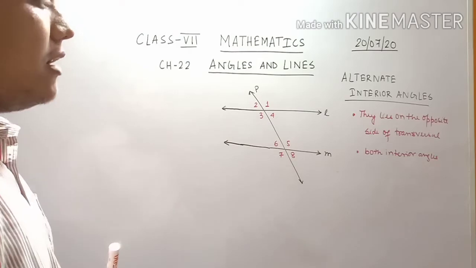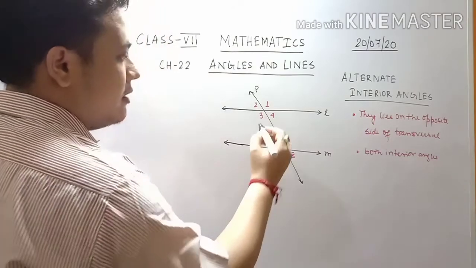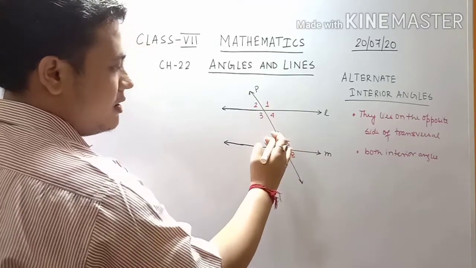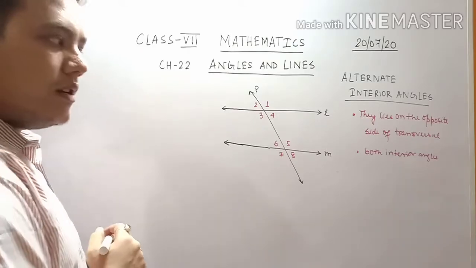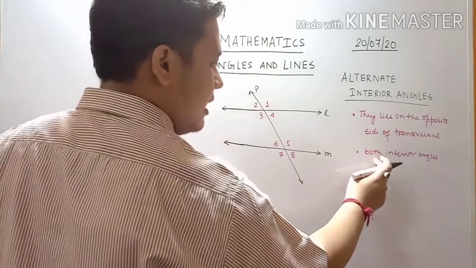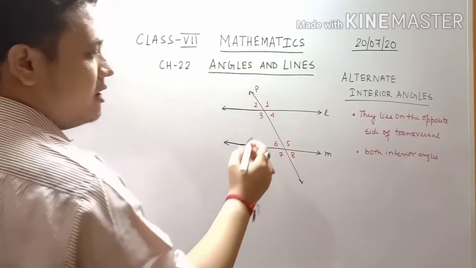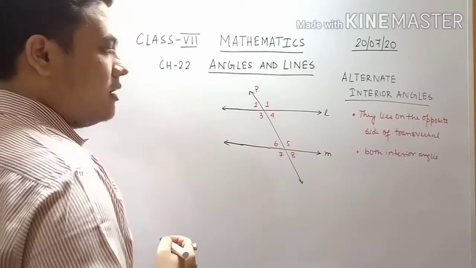So from the first line of the definition we can say that 3, 5, 4, 6, these are all lying on the opposite side of the transversal, and from the second line of the definition we can say that both the angles have to be interior. So 3, 4, 5 and 6, these are all interior angles.